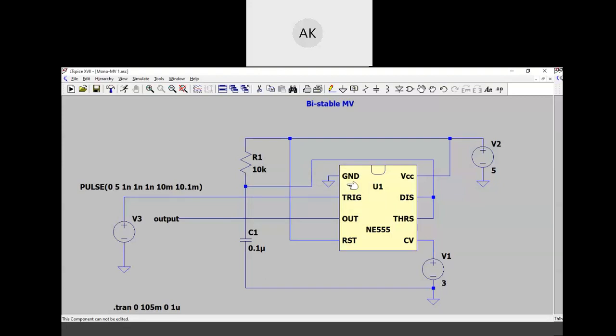All of you calculate what TPW is for the monoshot. Is it a monoshot circuit first? First of all, try to understand the circuit. 916.29 microseconds. Come again. TPW, how much?